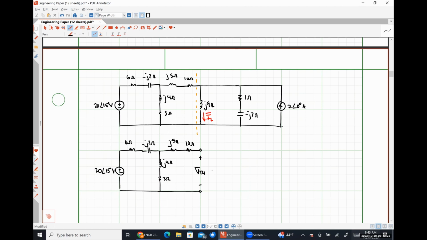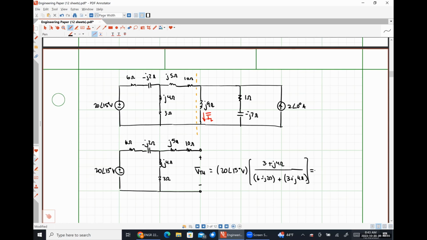Yes, voltage division. Okay. So this to me looks like 20 angle 15 degrees volts. In my numerator, I'm going to have 3 plus j4 ohms. In my denominator, I'm going to have 6 minus j2 ohms plus 3 plus j4 ohms. And I'm going to throw this into my calculator.